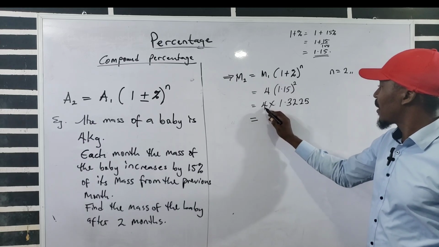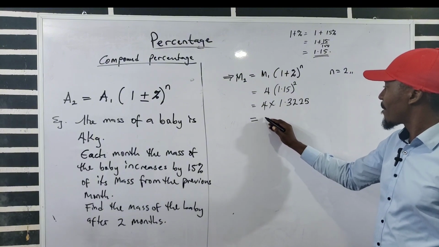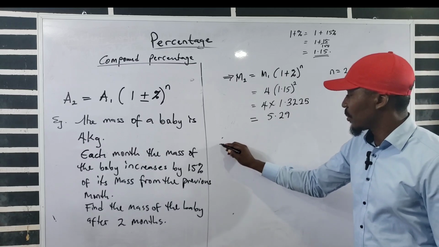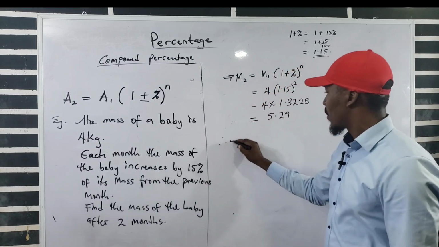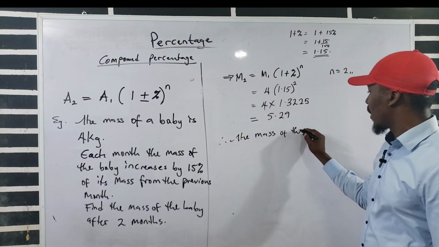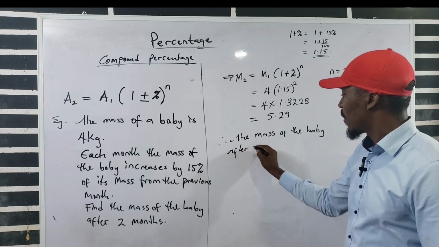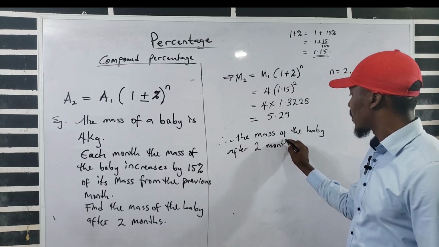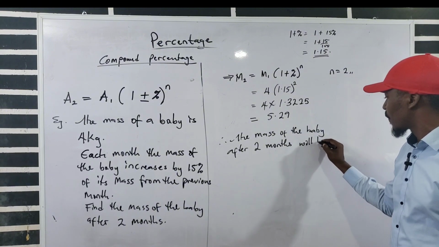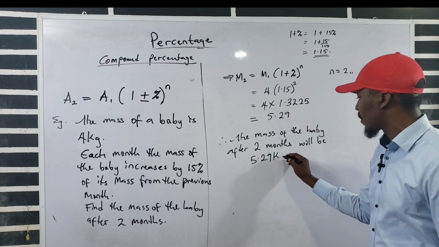Then when you multiply this value by 4, you have 5.29. Okay, so you conclude your answer. Therefore, the mass of the baby after 2 months will be 5.29 kg.